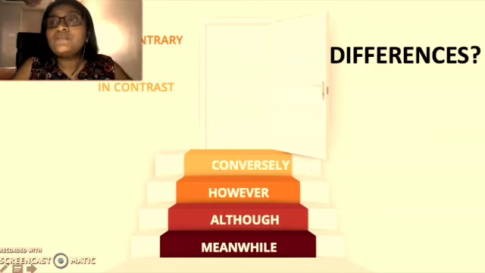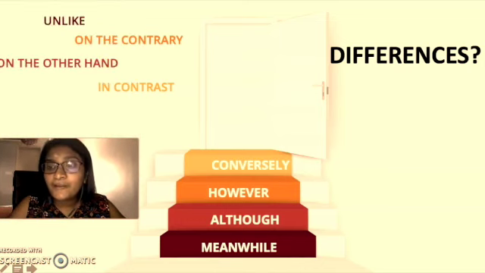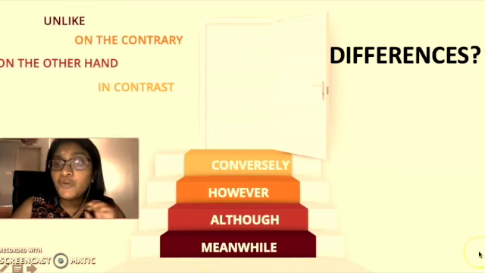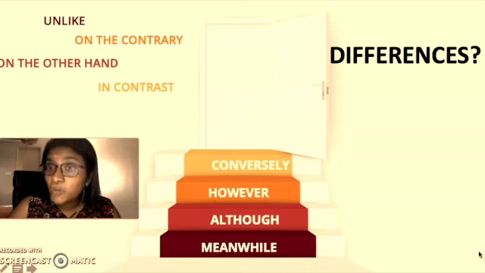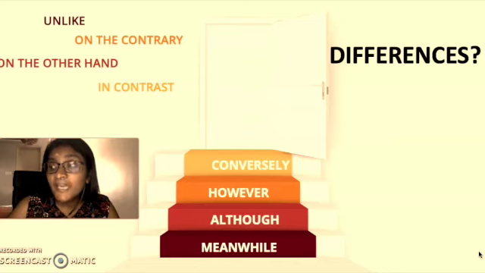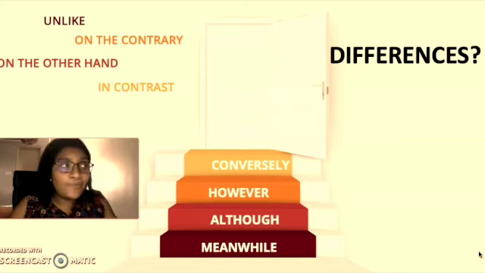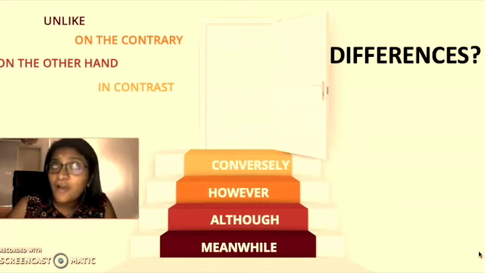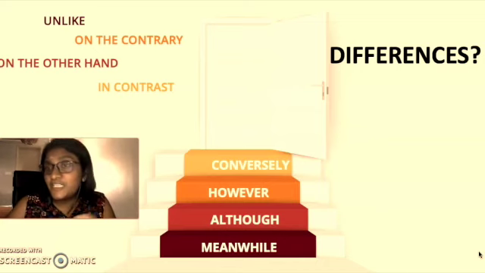Okay, so let's say if you want to talk about differences, you can use connectors like meanwhile, although, however, conversely, unlike, on the contrary, on the other hand, or in contrast. For example, the fee in government school is extremely cheap. On the other hand, the private schools charge you an exorbitant amount of fee for the facility and so forth.